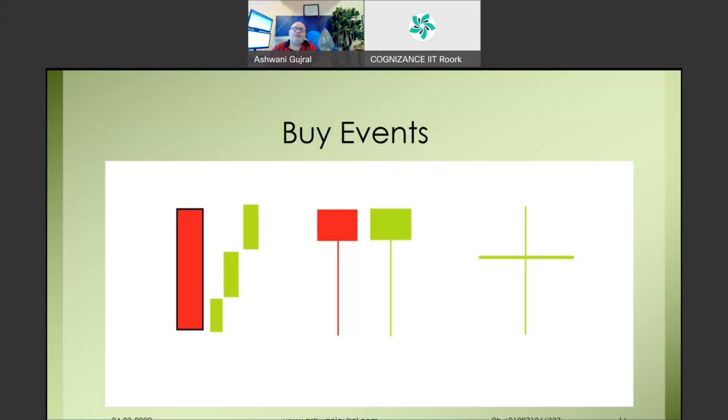Similarly, you get these two pin bars, which are clearly bullish events. The one that is green is more bullish than the one that is red. And finally, you have a bar called a doji. A doji bar is a bar where open and close are the same. A doji bar is an indecision bar; if made post a rally or post a decline, it can often lead to a reversal.